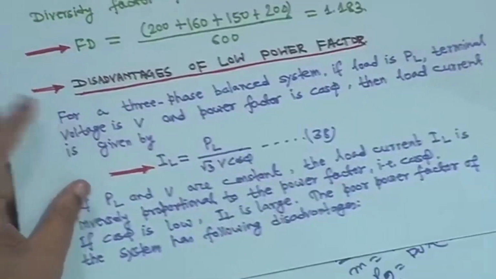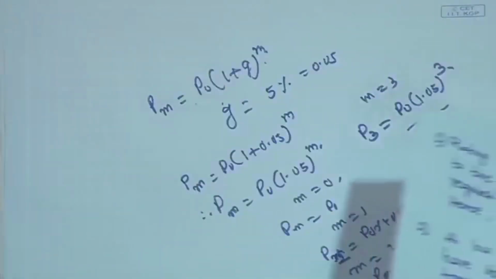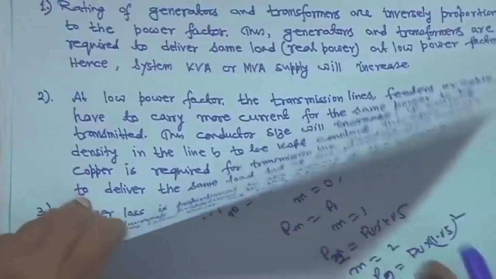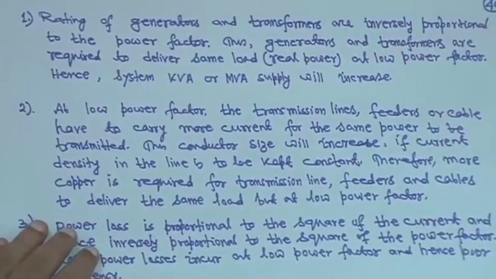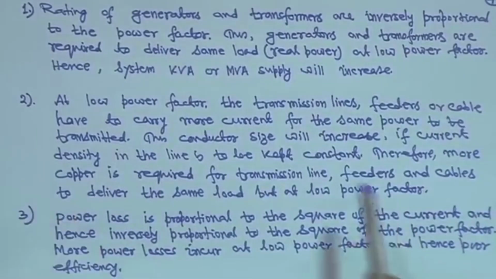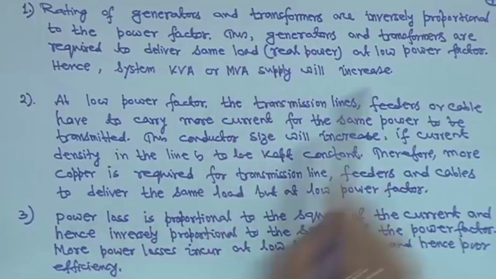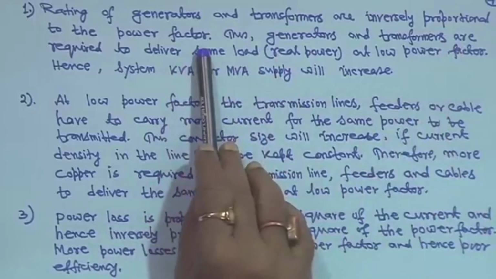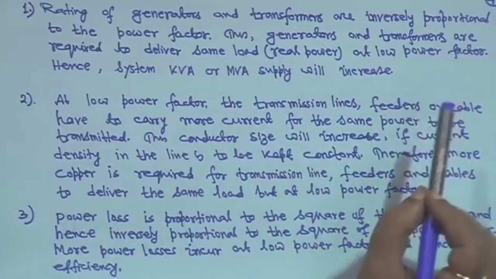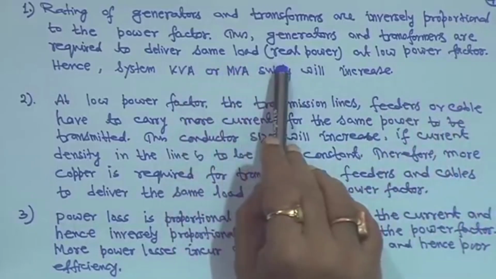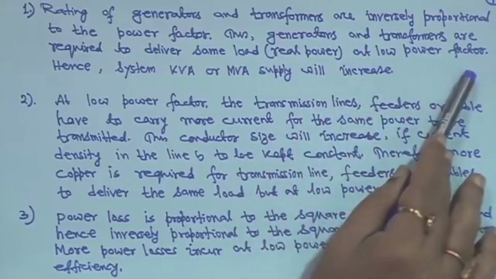So, this is for the first couple of hours, for some general ideas of the system or power factor. Now, number 1, the rating of generators and transformers is inversely proportional to the power factor. Thus, generators and transformers are required to deliver the same load, that is real power, at low power factor.